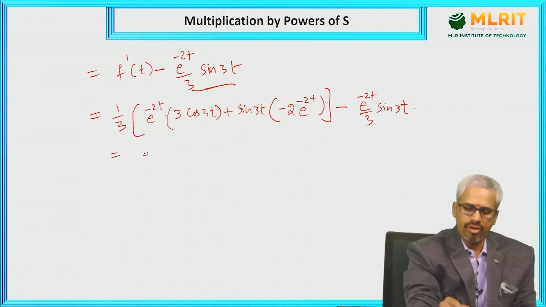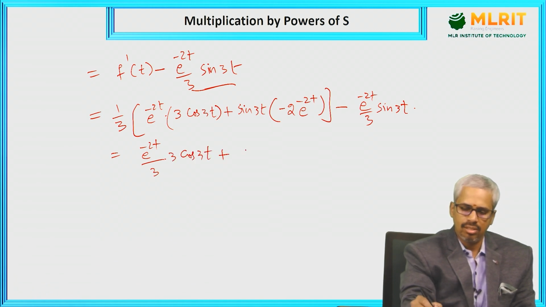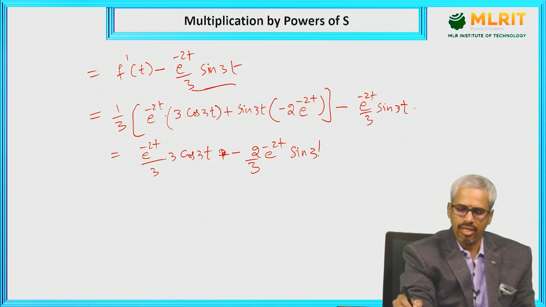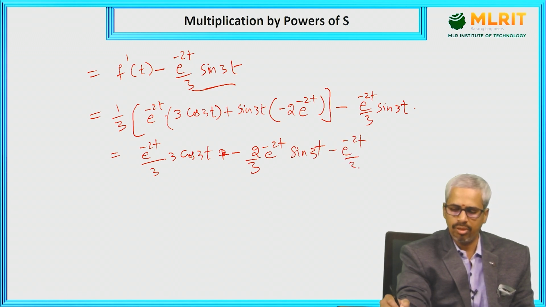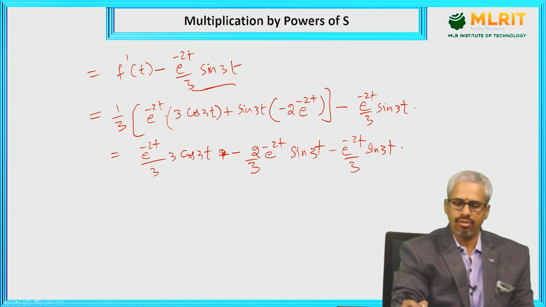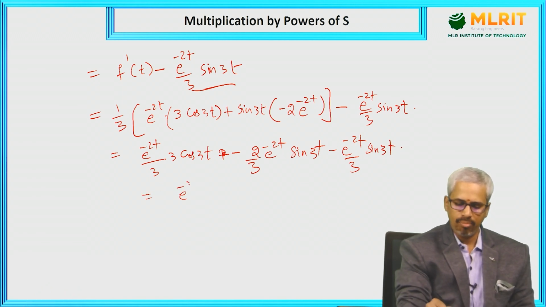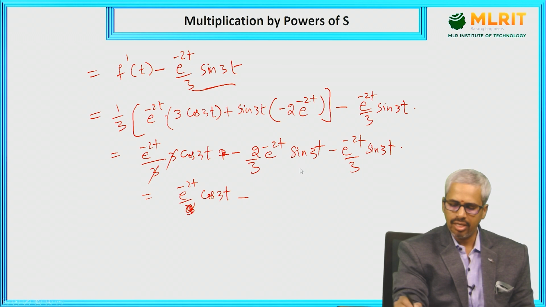So, further if you simplify, e power minus 2t by 3 into 3 cos 3t, minus 2 by 3 e power minus 2t sin 3t, minus e power minus 2t by 3 sin 3t. So, the 3 gets cancelled into cos 3t, minus 2 by 3 plus 1 by 3, 3 by 3 is 1. So, minus e power minus 2t sin 3t.